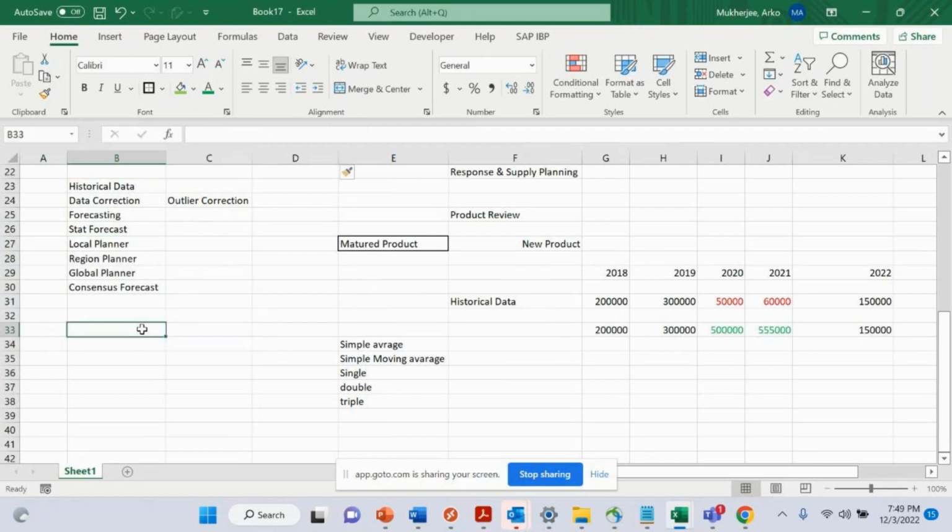If you have done any implementation, or any business discussion, then you know, the sales planner always tries to project higher numbers, because it will generate more profit, more revenue for the company. But from the production planner's standpoint, from the supply chain head's standpoint, it is not possible, because I have my limitations. I can't supply whatever demand comes, right? My demand will always be higher than my supply. Agree?